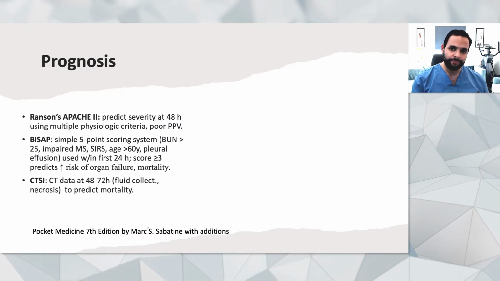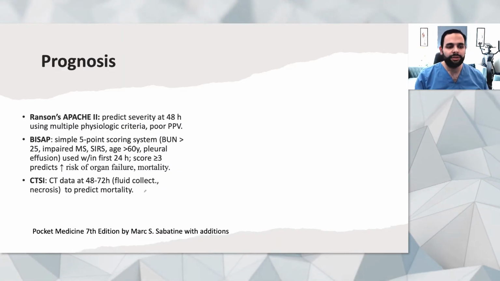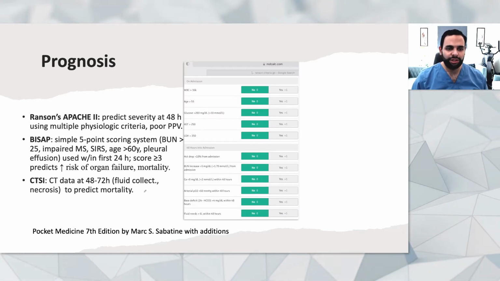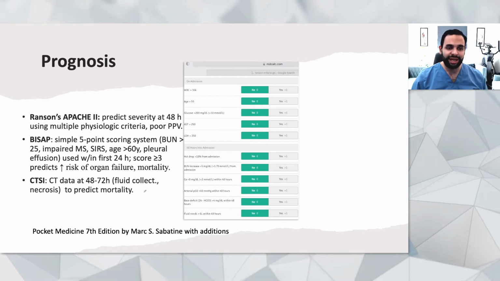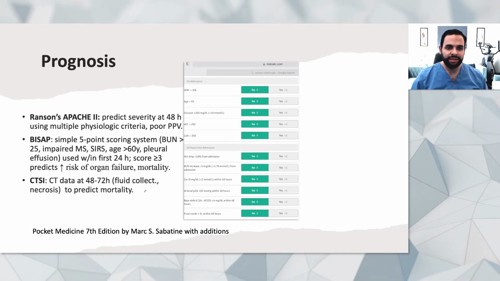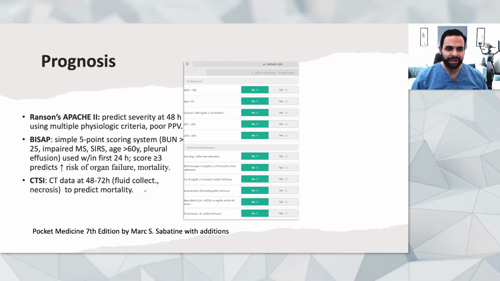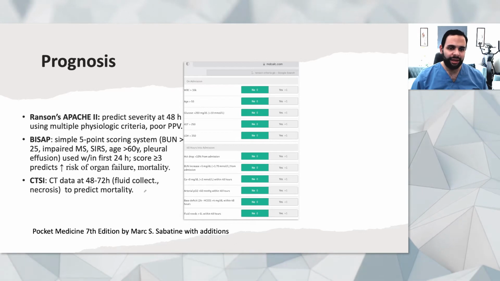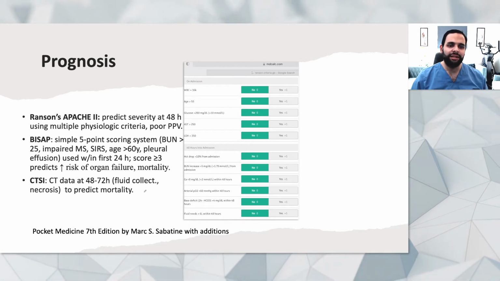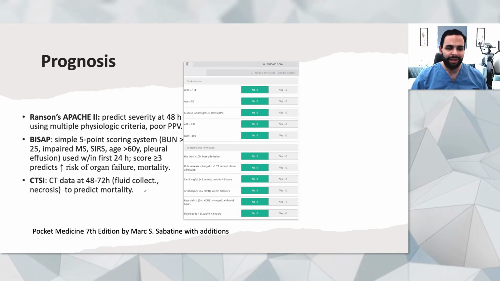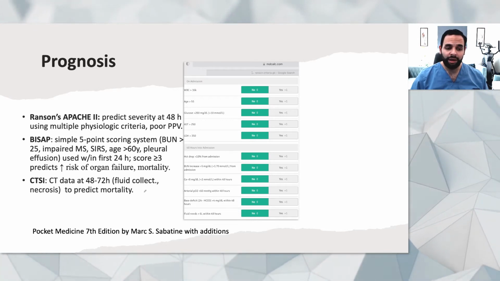So for prognosis, we have multiple tools such as Ranson's and APACHE II, which predict severity at 48 hours using multiple physiologic criteria such as your age and some of your labs, LDH, your glucose at admission, and at 48 hours, and it looks at dynamic changes like drop in hematocrit and BUN, which is a good marker for dehydration.